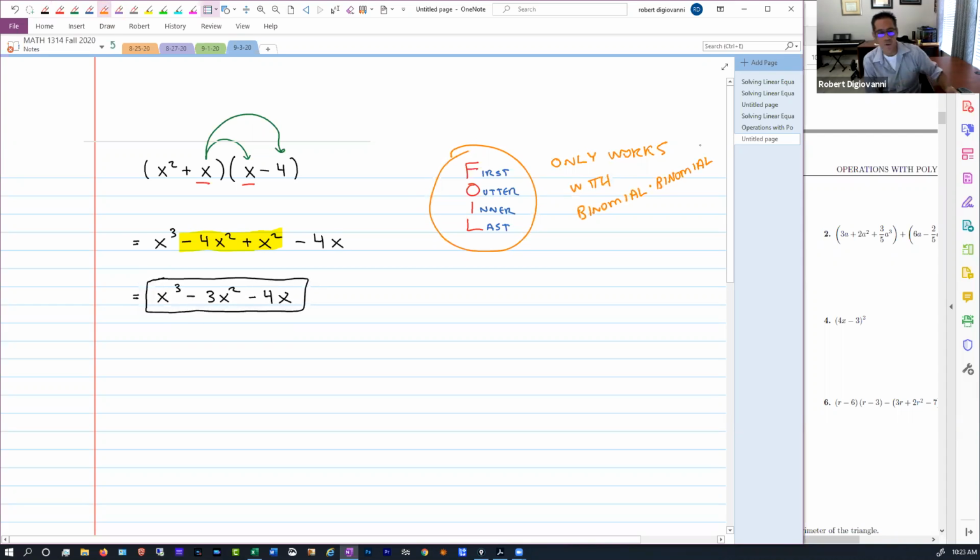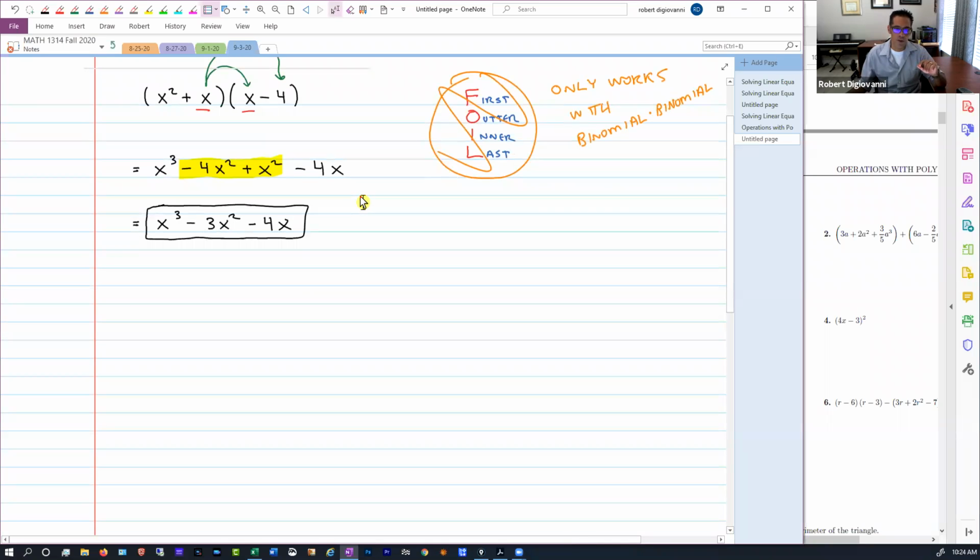It does not work if you have a binomial times a trinomial or a trinomial times a trinomial. So that method fails. So Victoria's method is actually more powerful. And Victoria, you kind of stole my thunder because I was going to give everyone that method because it's more powerful, all right? So let's see another example where FOIL doesn't work, but we still have a way of doing it, all right?